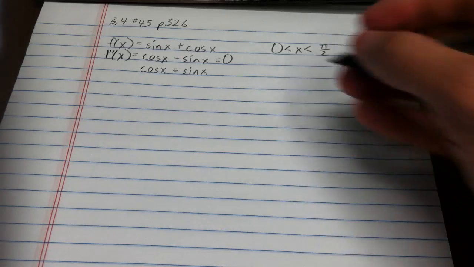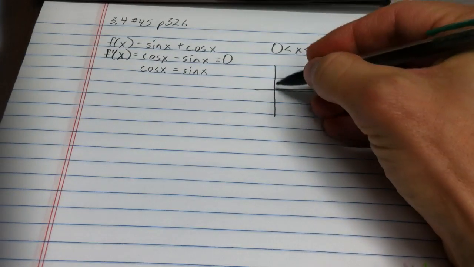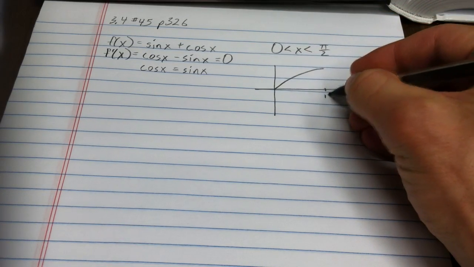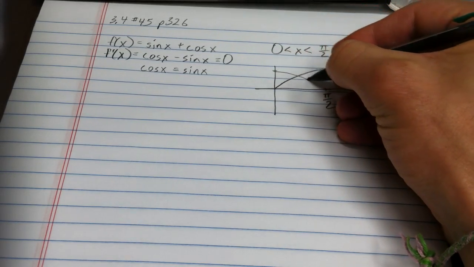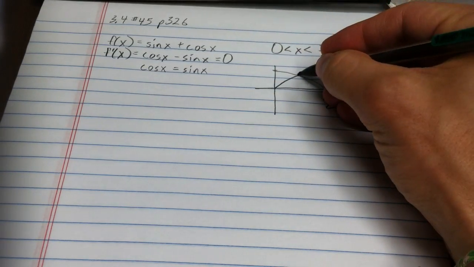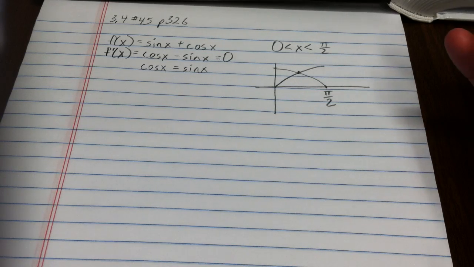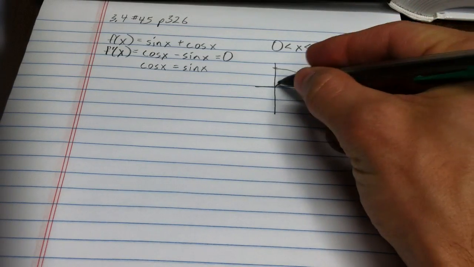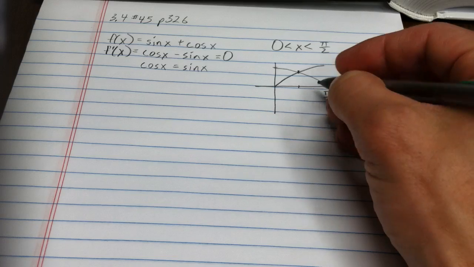So what values, if you plotted sine x from 0 to pi halves and cosine x from 0 to pi halves, where would they output the same value? Well, that would be exactly halfway in between, because these graphs are sort of mirror images of each other.